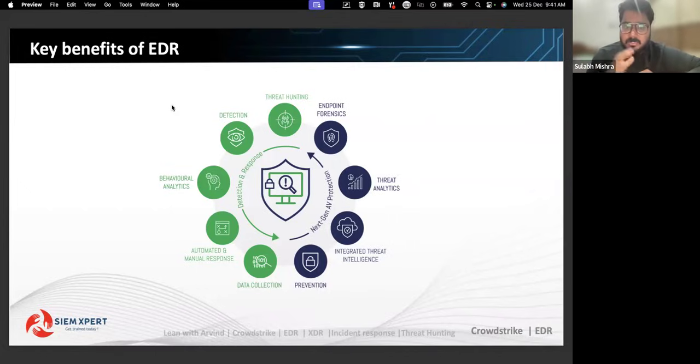Not only AV, they use a couple of EDRs. I have seen n number of companies do it. They purchase two EDRs because they don't want to rely on one EDR. And you know how much the license costs for the EDR, right? It's huge.